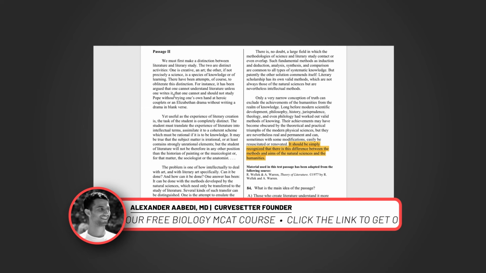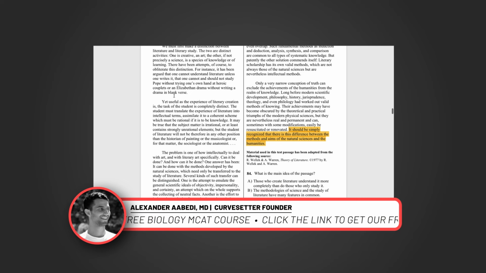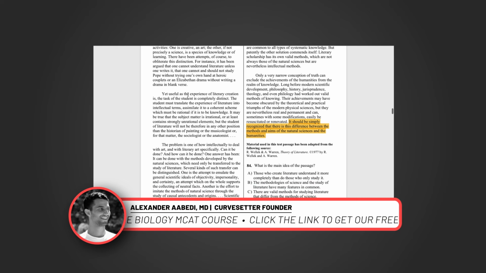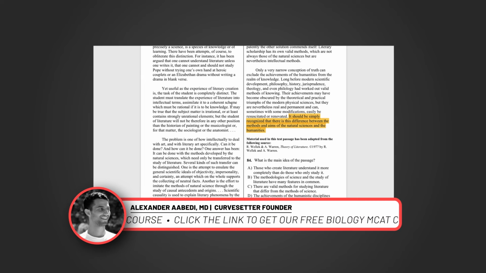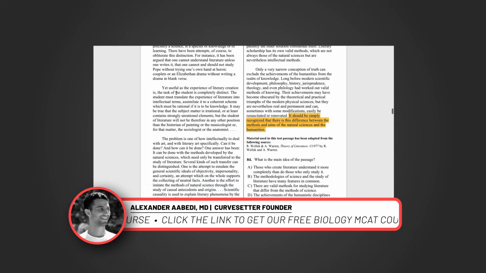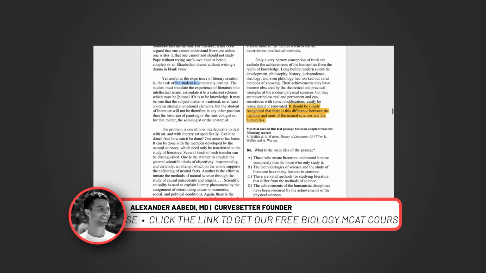And some people have tried to make this distinction go away, but it seems like he doesn't really agree with that, because he says, yet useful as the experience of literary creation is, the task of the student is completely different. So he's saying that the student need not engage in creating literature in order to actually be able to understand it and study it, which is the goal of the student, right?